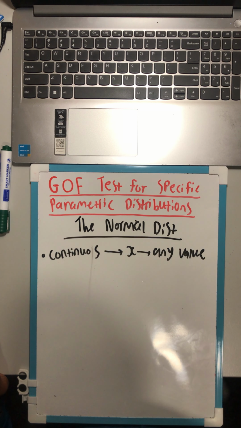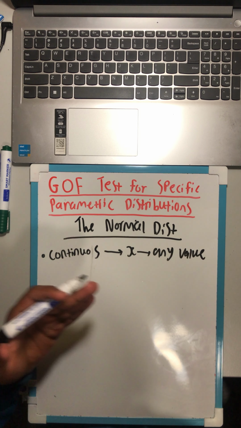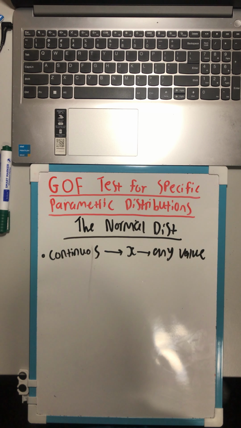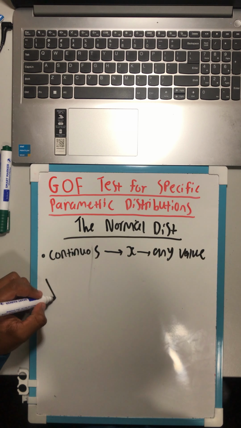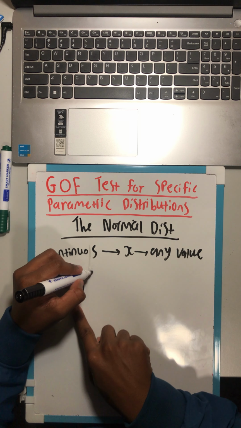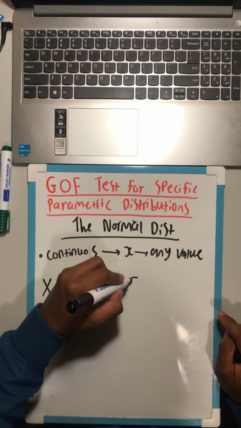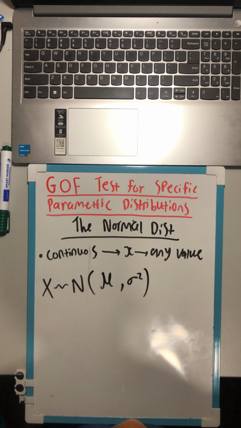And then again, they usually say this data is suspected to follow a normal distribution. If x follows a normal distribution, it follows with parameters a mean, mu, and a variance of sigma squared.